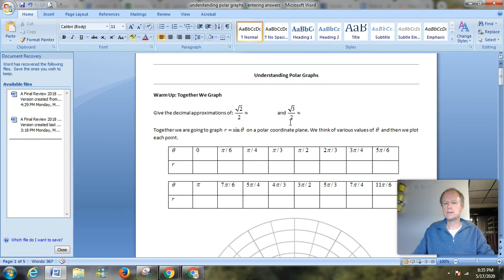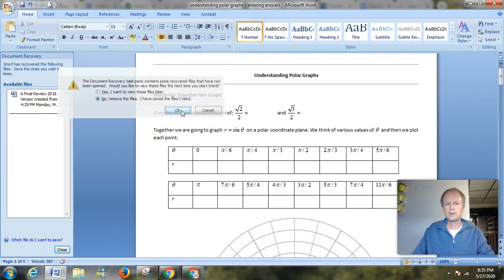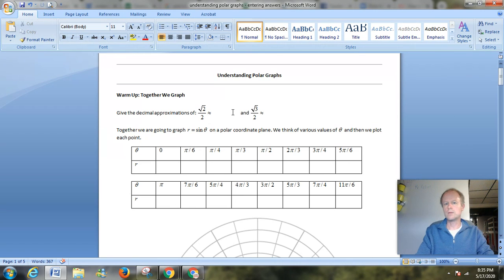So first, as we get started here, we're going to find some decimal values. To keep things simple, I'm going to type some decimal approximations here. If you type in square root of 2 over 2, you get something about 0.707.